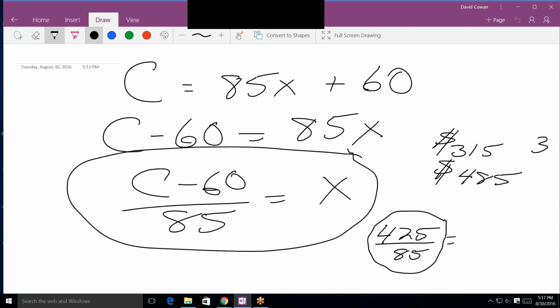So there are shortcuts you can take in doing the arithmetic on some problems like this, where you know the answer has to be a whole number. It's easy to divide 255 by 85 when you know that it has to be a whole number.